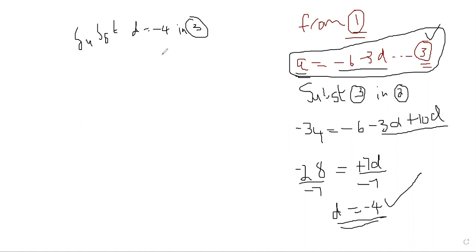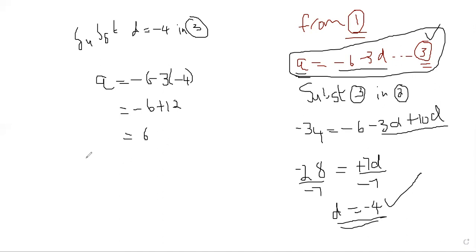Meaning wherever you see D in equation 3, you will put negative 4. So it will be A is equal to negative 6 minus 3 multiplied by negative 4, right? So that will give you negative 6, and negative 3 multiplied by negative 4 will be positive 12, right? So your A will be equal to 6, because negative 6 plus 12 is 6.